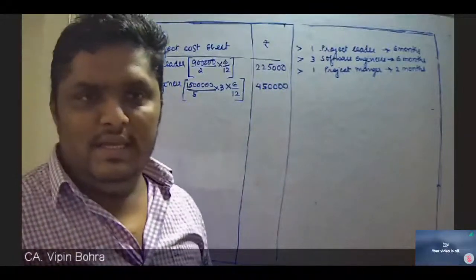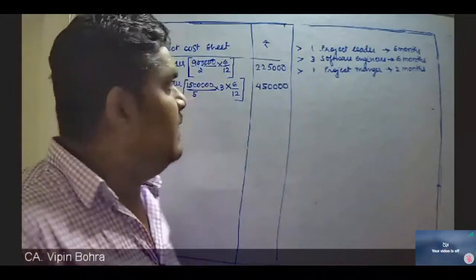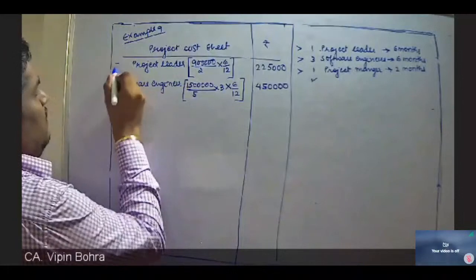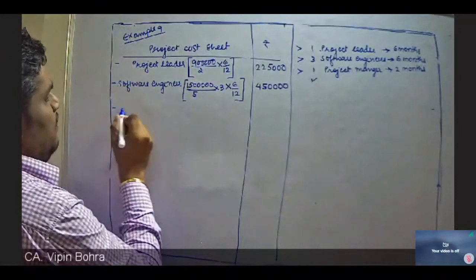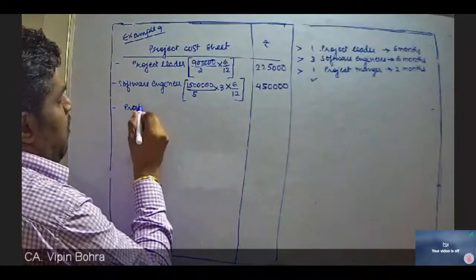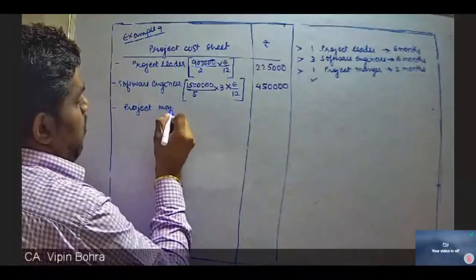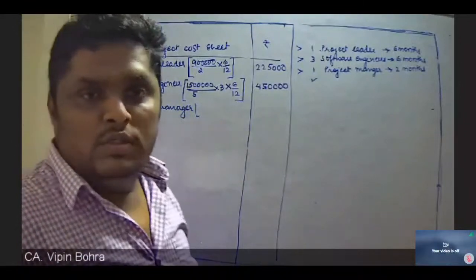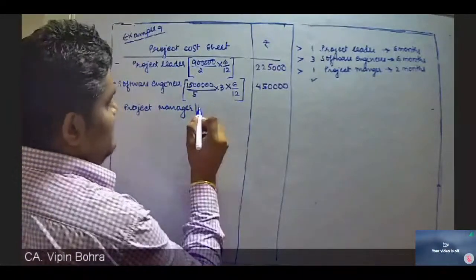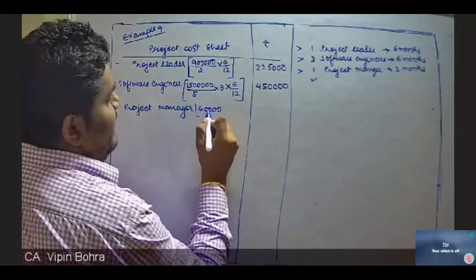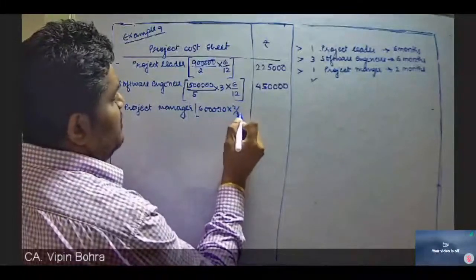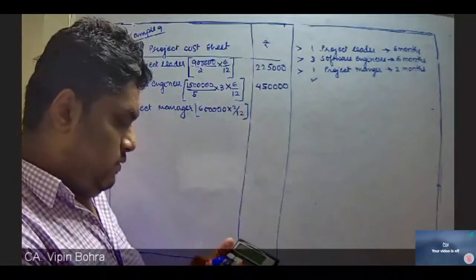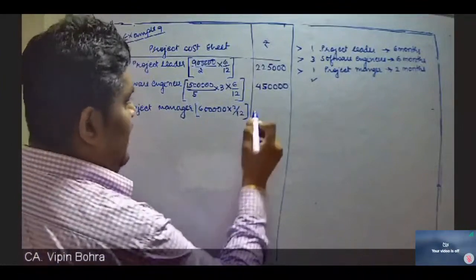Now next is salary to project manager, and the project manager required is only one. Project manager total salary is 6 lakh and he has devoted 2 months to the project. So 6 lakh into 2 by 12 is 1 lakh.